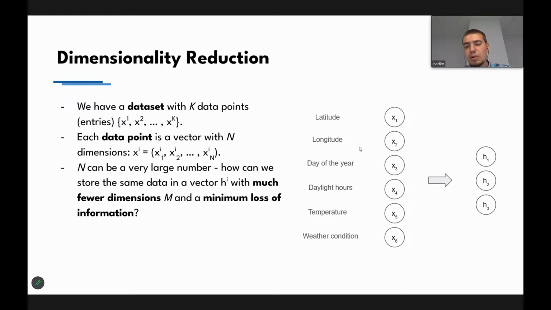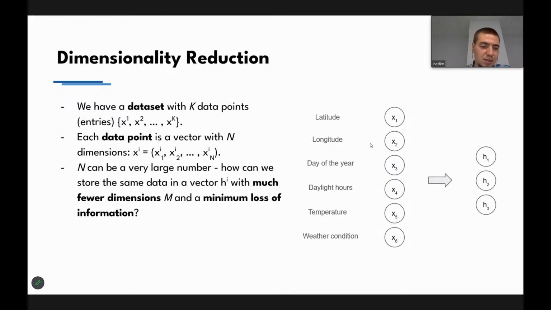So if you take the example on the right, you have a certain position on Earth. So you have latitude, longitude, which day of the year we're observing things, how many daylight hours we have on this day there, and what is the temperature and weather condition. So this is an example of one sample from a data set of many such samples.